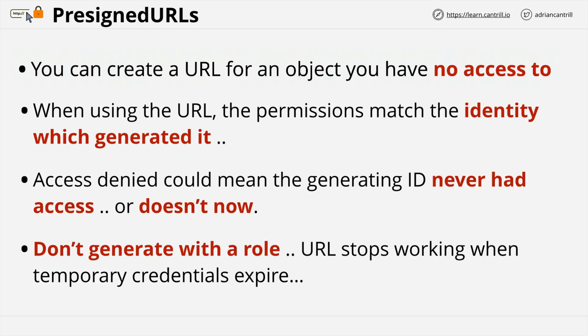If you generate a pre-signed URL using a role and then those temporary credentials expire, those credentials are no longer valid, and so that URL will stop working. So it's almost never a good idea to generate a pre-signed URL using an IAM role. You should always use long-term identities, so generally an IAM user.